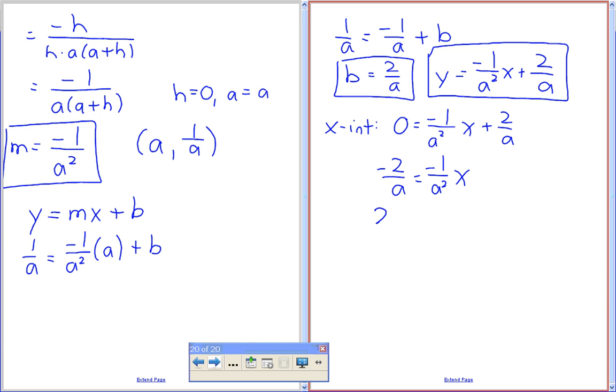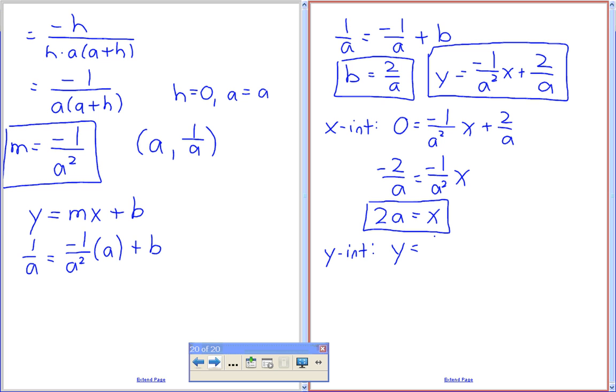Is that right? Can someone just confirm that for me? Yeah, that's right, 2a equals x. I want to finish up. We've got like 10 seconds left in class. The y value will be the same thing for my y-intercept.